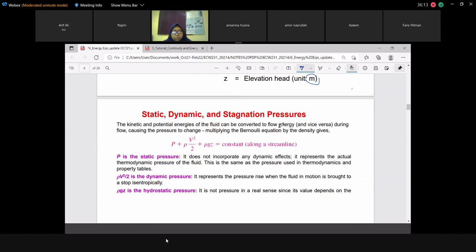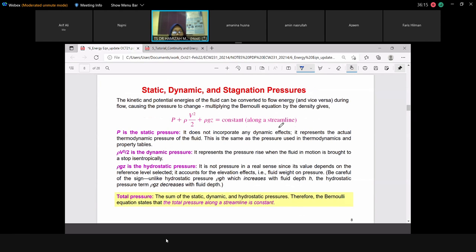Okay, a little bit on the explanations for static, dynamic, and also the stagnation pressure. The kinetic and also potential energy in the fluid can be converted to flow energy during the flow.